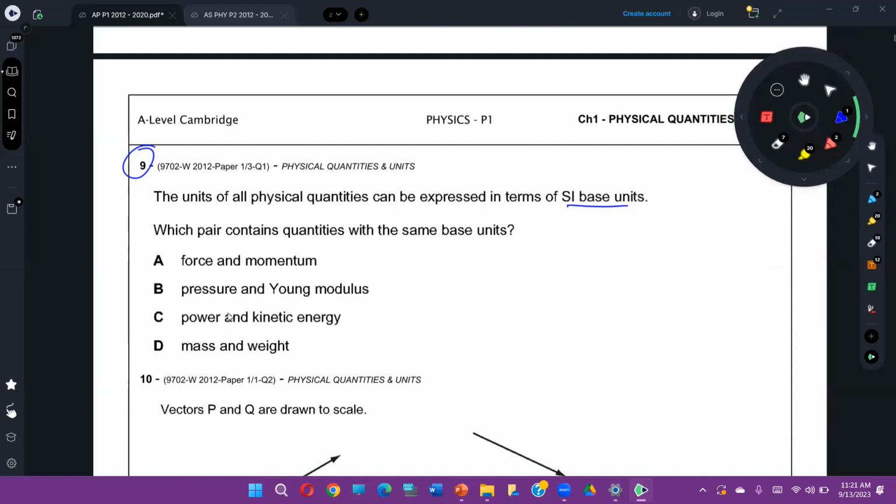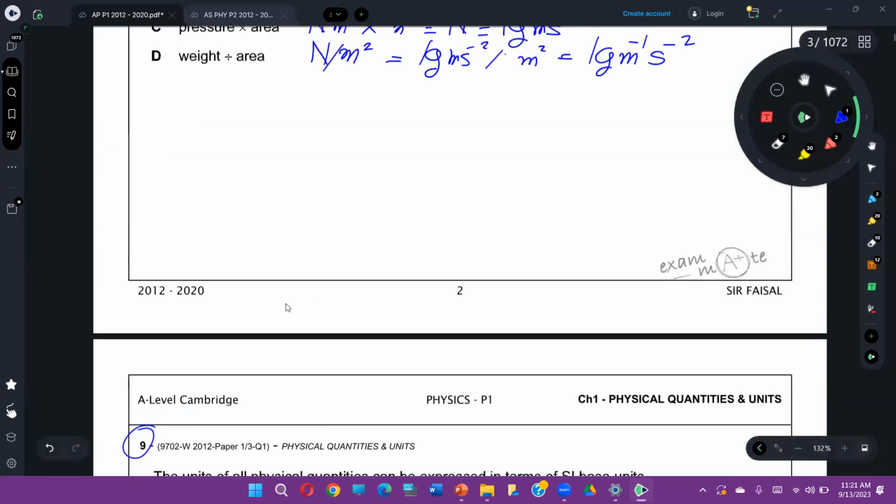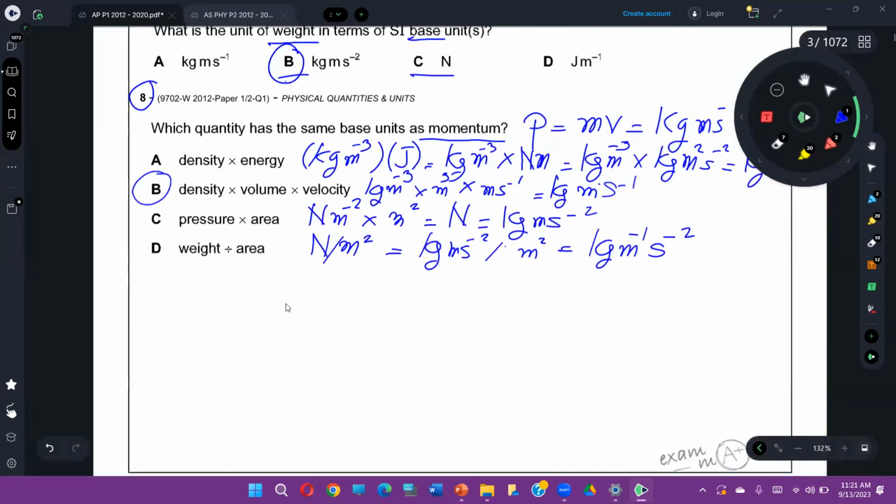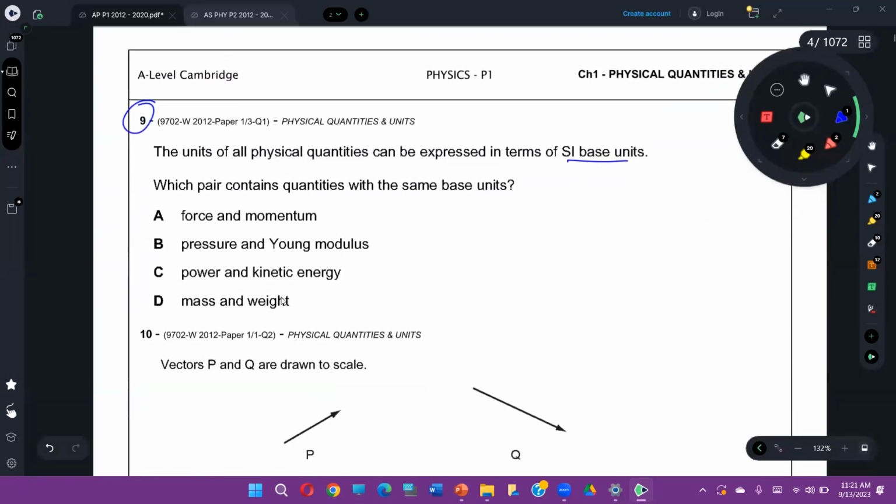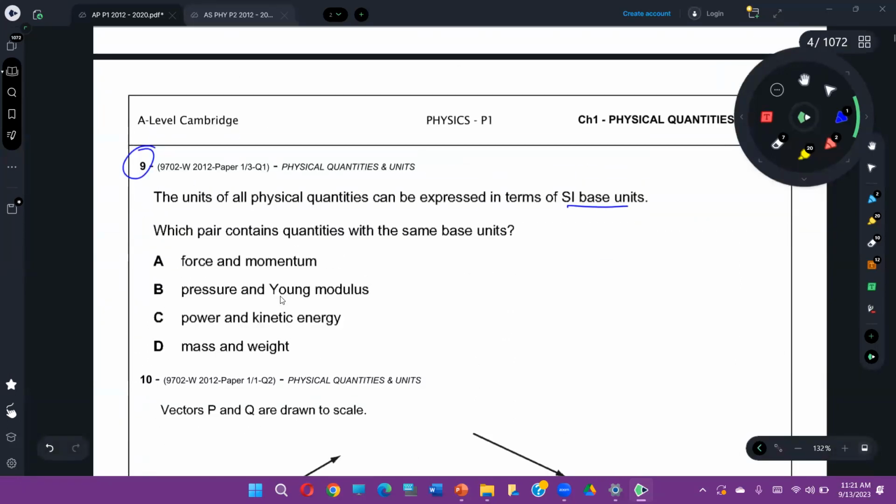Now, these questions will be very challenging if I take the route of base units, because that will be very long. So I will first try my physics, that O-level physics: force and momentum. Force is Newton and momentum is mass into velocity.